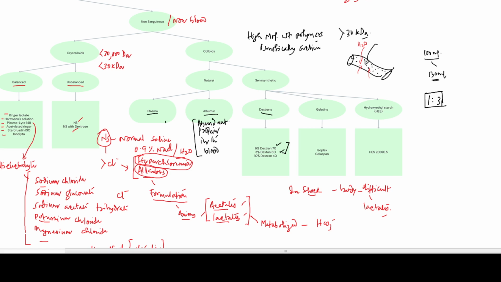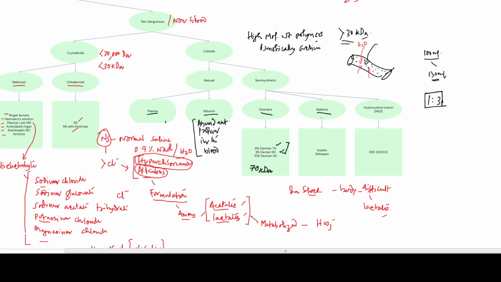So what is this 70? 70 implies the average molecular weight, which is 70 kilodaltons. Okay, and 60 would be 60 kilodaltons, and 40 referring to 40 kilodaltons. So it fits into the definition. We talked about colloids having a molecular weight of greater than 30 kilodaltons.